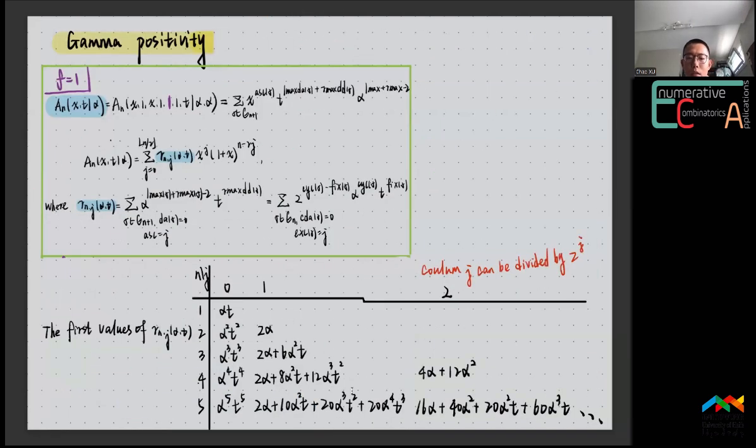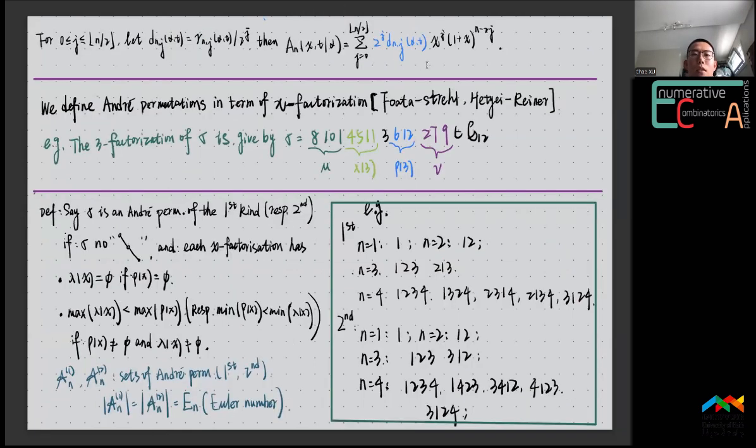And we notice that the gamma coefficients of the André polynomial, listed here as the first values, have each column divisible by a power of 2. So what is the combinatorial interpretation? To prove it, we use the André permutations and the x-factorization.